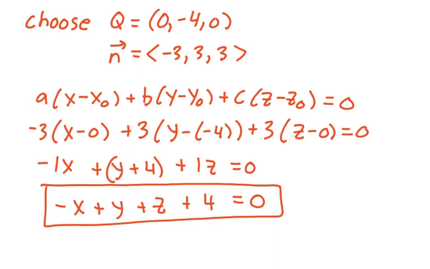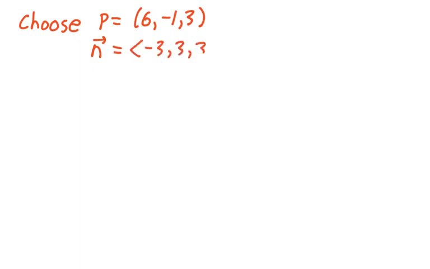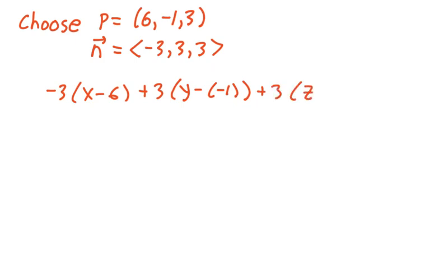Now, if we want to convince ourselves, what if we chose a different point? And I'm going to suggest we choose P, which is 6, negative 1, 3. And N is the vector negative 3, 3, 3. And so negative 3 times x minus 6 plus 3 times y minus negative 1 plus 3 times z minus 3 equals 0.